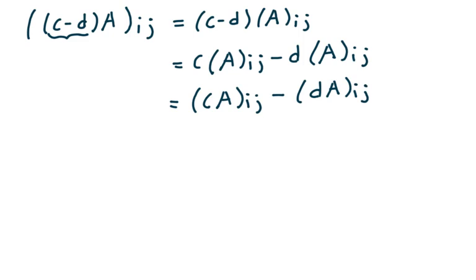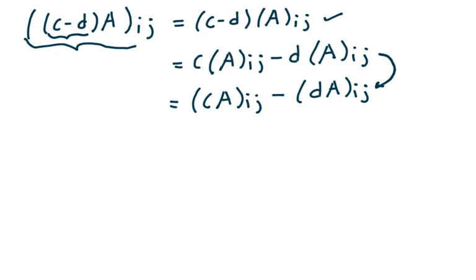Okay? So scalar multiplication gets me from the second line to the third line. And then scalar multiplication again gets me from the first step to the second step up here.